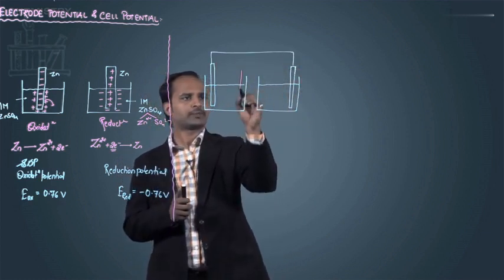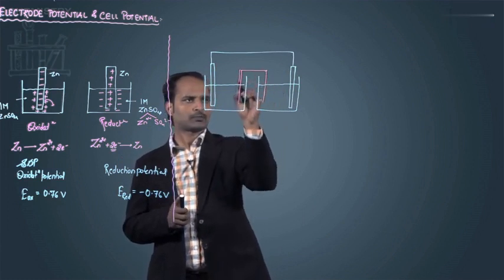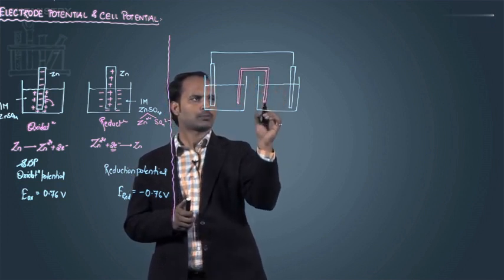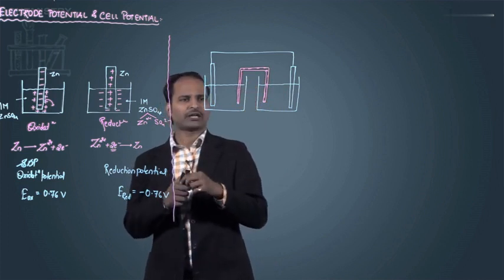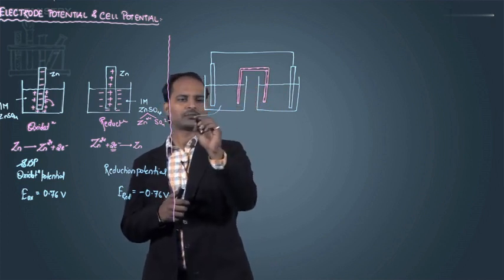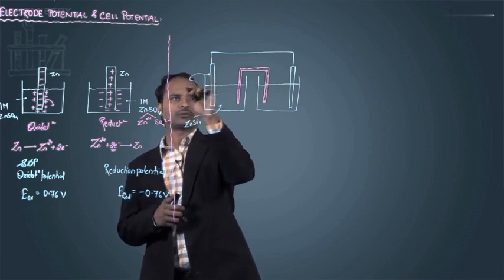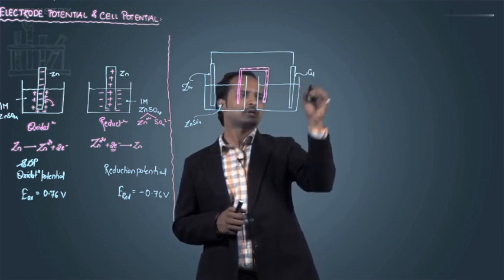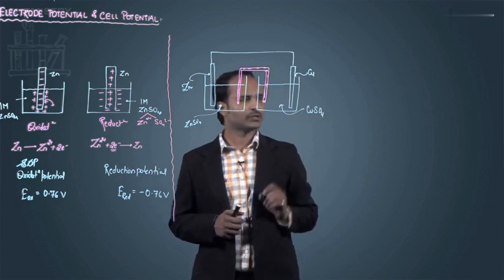Then there is a salt bridge filled with some electrolytes. Here we have the zinc sulfate solution, and this is the zinc electrode. Here this is the copper electrode, and in the solution we have copper sulfate, that is CuSO4 solution.